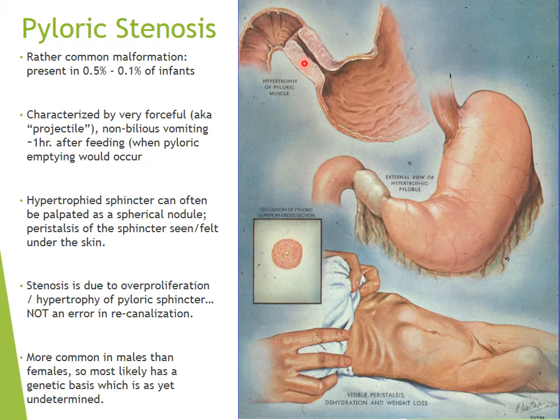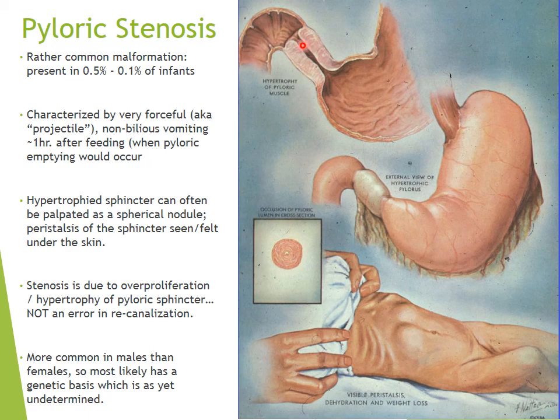So there is hypertrophy and overproliferation in the pyloric sphincter. This can be palpated as a spherical nodule. If this is a thin newborn baby, then it can be palpated as a very thick spherical nodule.